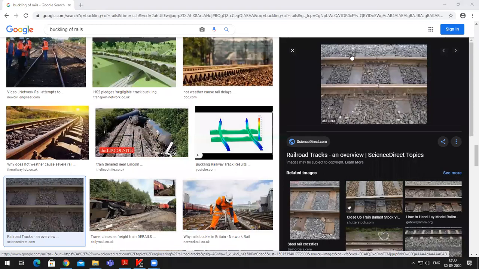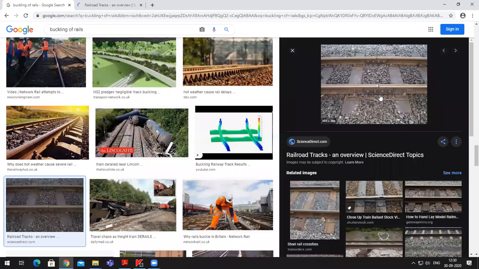Now you can just pay closer attention to this. Can you see this joint? Can everyone see this image?